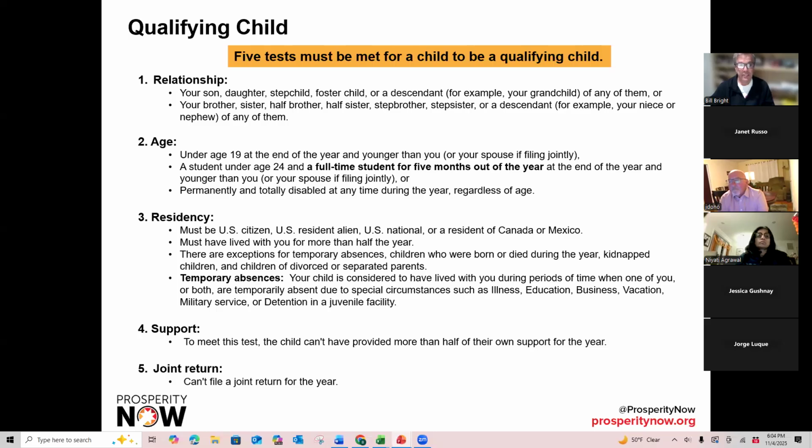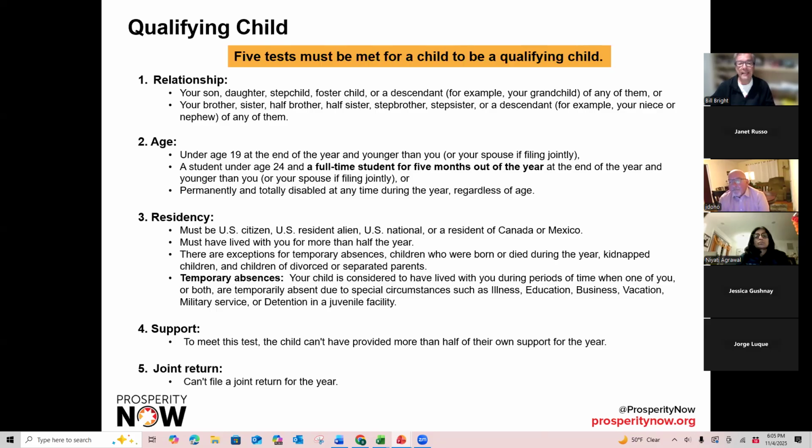The first one is the relationship: your son, daughter, stepchild, foster child, or any descendant thereof, in other words a grandchild of any of them, or your brother, sister, half brother, half sister, stepbrother, stepsister, etc., or a niece or nephew of any of those. So it's pretty all-encompassing for any blood relative.